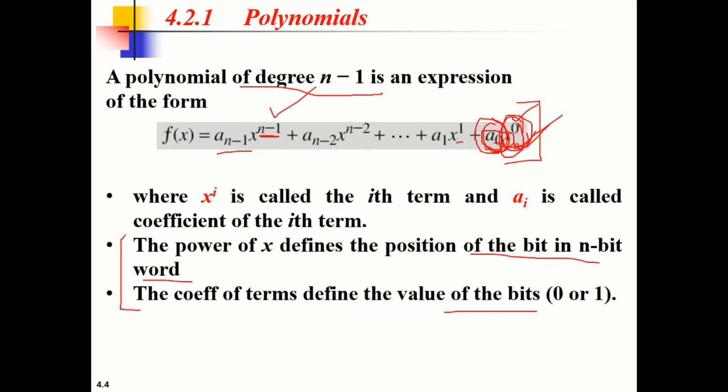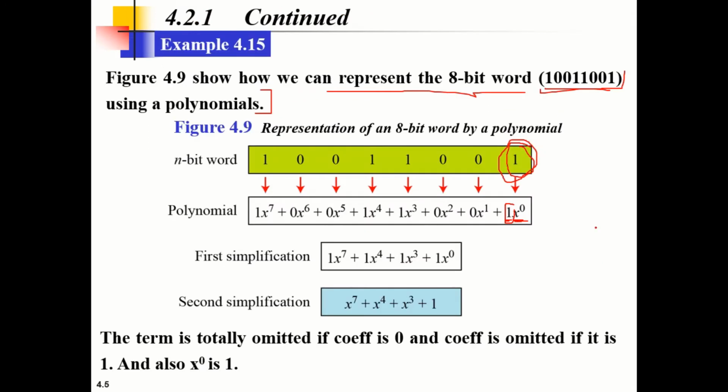So we'll go back to that point. It says that the power of x defines the position of the bit in the n-bit word. So here you can say that this bit is at the 0th position. Okay, so this power will tell you the position of this particular bit, this bit which we are writing over here.